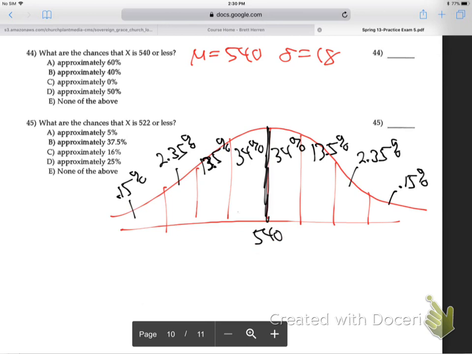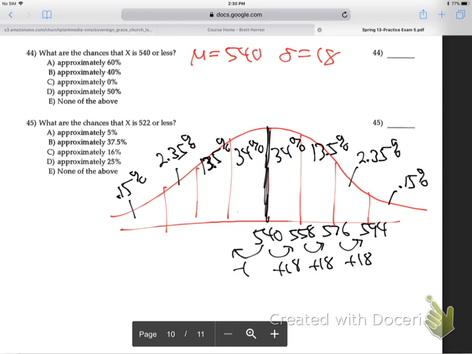What changes from problem to problem is the numbers on the bottom. So you put the middle down, 540, and then you add 18: 558, 576, 594.